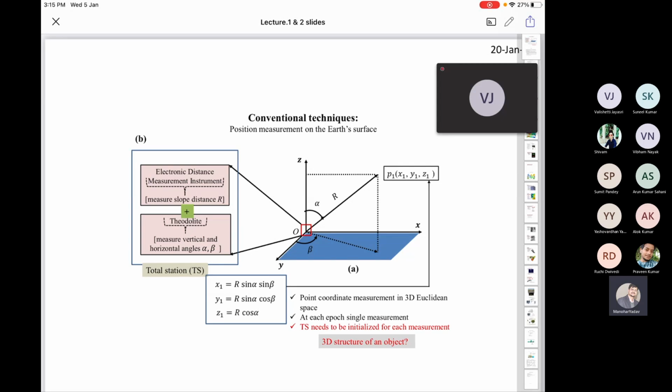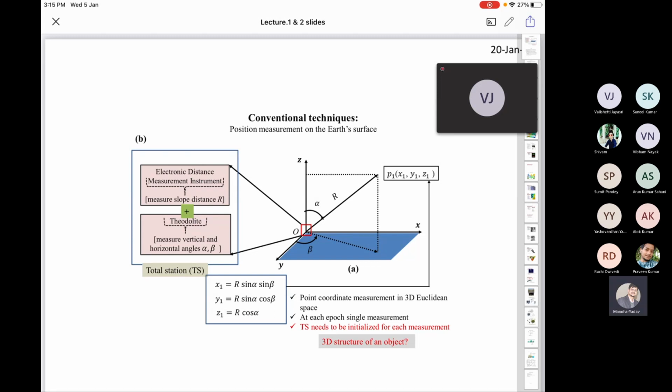And you know that the laser beam travels with the speed of light. So if you divide the total time by the speed of light, it gives you the range, the distance from O to P1. This is the basic principle through which the range is measured using EDMI.